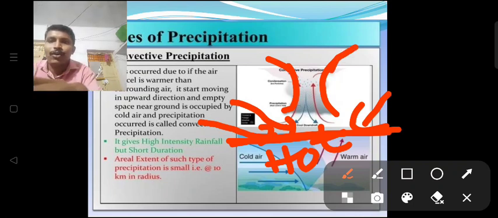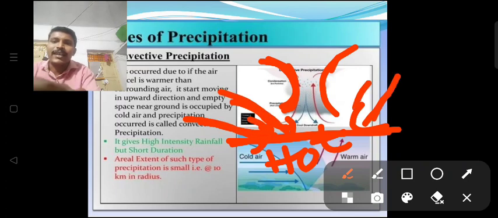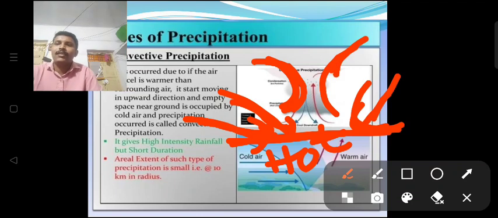The warm moist air is lifted up into the atmosphere and the ground space is again occupied by cold air, which again converts into warm moist air.